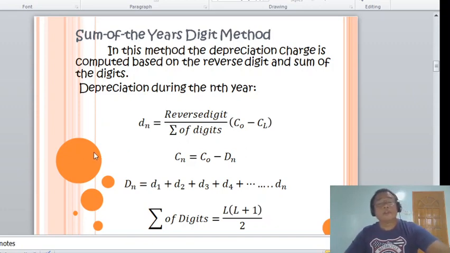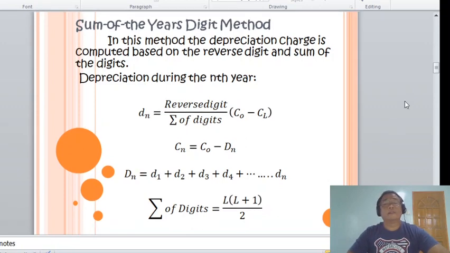Okay? So, the sum of digits now can be computed using this formula: L multiplied by L plus 1 over 2. Okay? So, take note of that process, class.